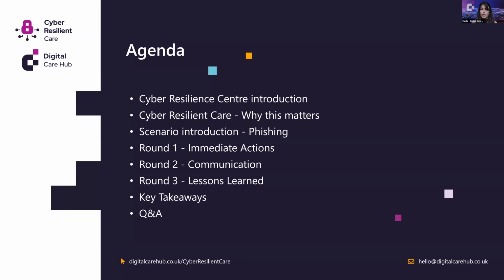We'll do an introduction of this phishing attack scenario and go through different rounds of questions, and you'll have the chance to interact with us and tell us what option you think is the most correct. We'll do this through Zoom polls, which will pop up on your screen. Then we'll look at the summary and key takeaways of the session, and we'll have a Q&A at the end. Any questions that you input in the Q&A, we'll be answering at the end.